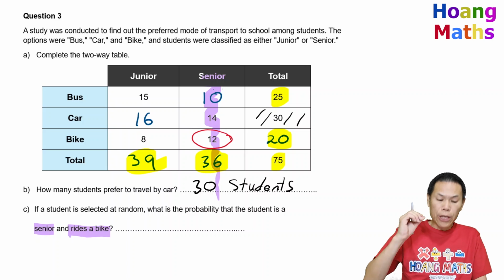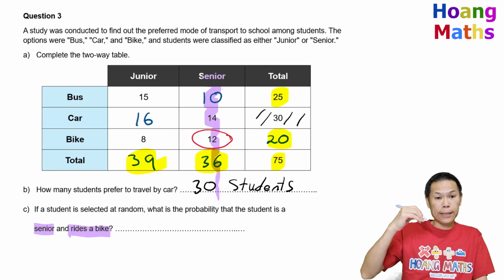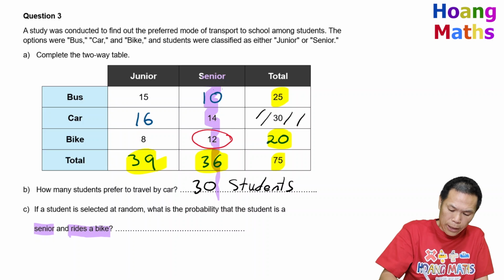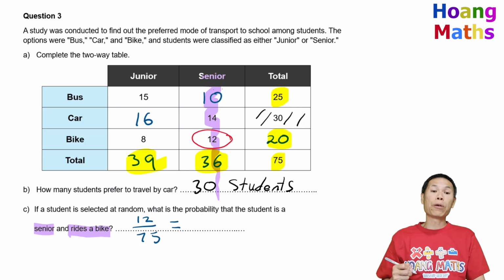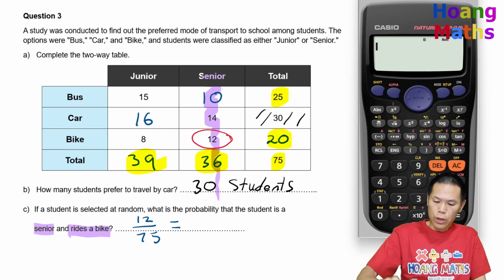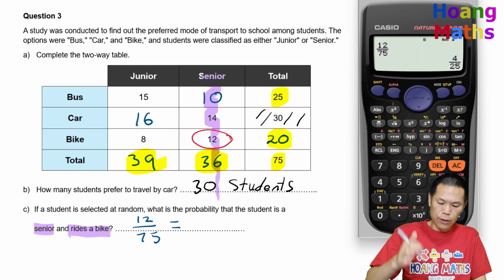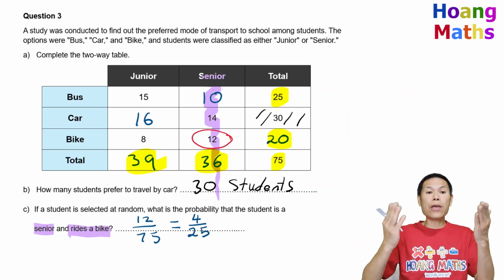So that means 12 out of the total number of students, that is 75. So that is 12 out of 75. And then you can simplify this, of course, by putting it on a calculator. So I just go 12 over 75. So 4 over 25. So there you go.